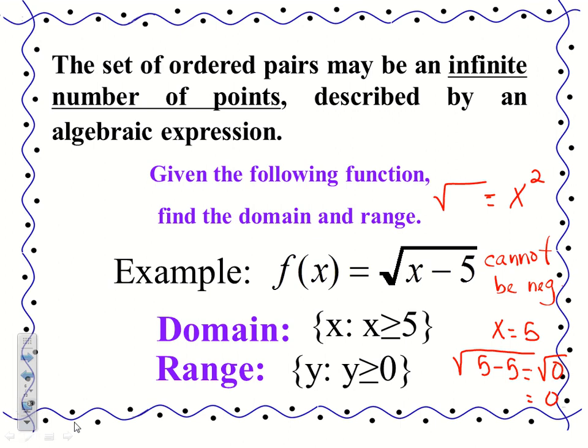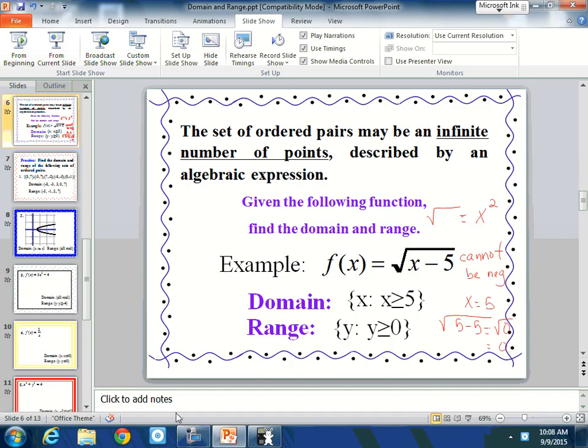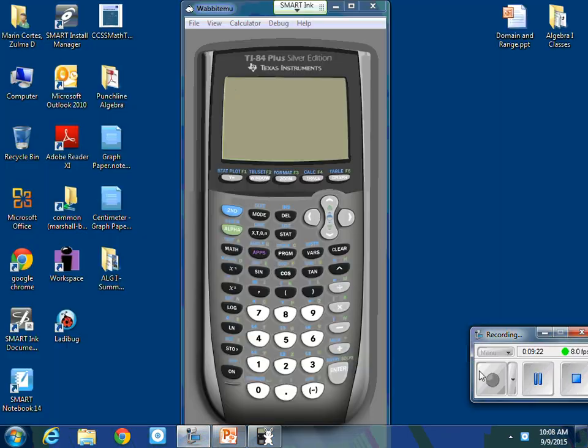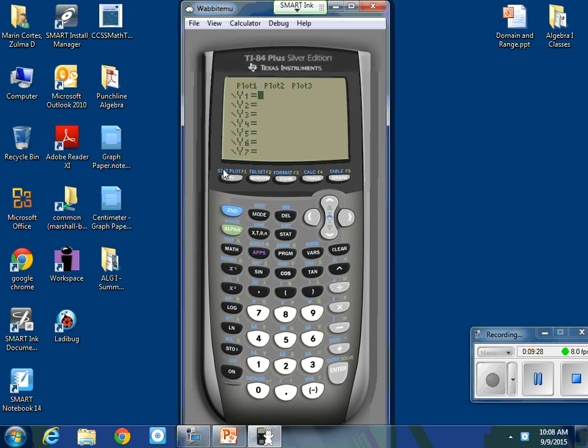Now, I'm going to show you another way of being able to do this, and it's a lot easier, okay? So for this, we're going to go ahead and get our calculator. Once you have your calculator up, we're going to go to y equals, and we're going to graph the function. The function was the square root of x minus 5. And then I'm going to graph it. I notice that my graph starts right here.